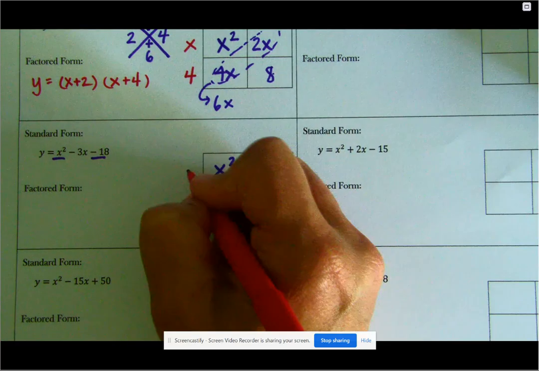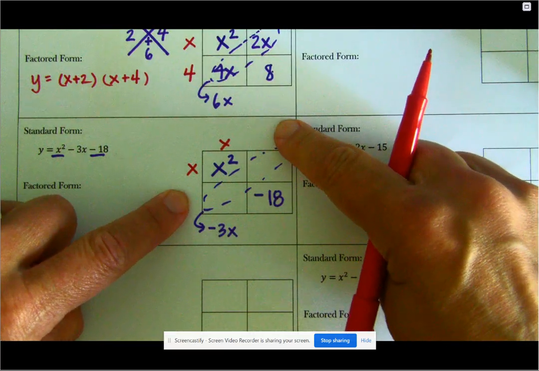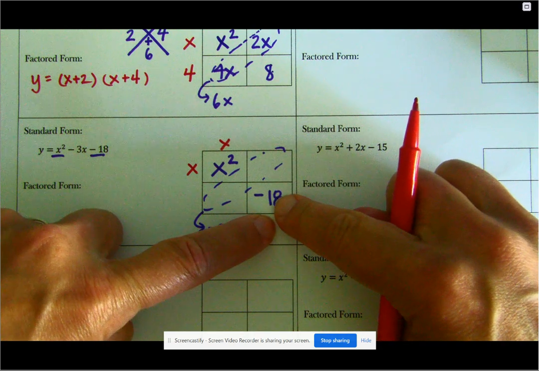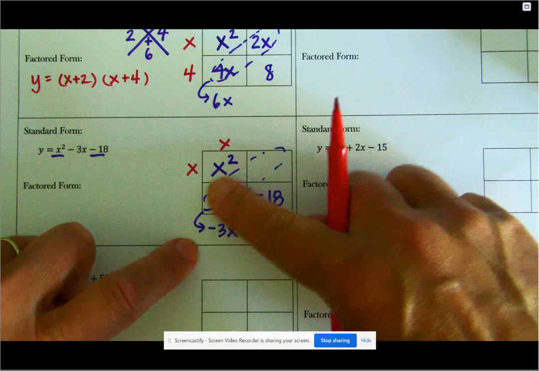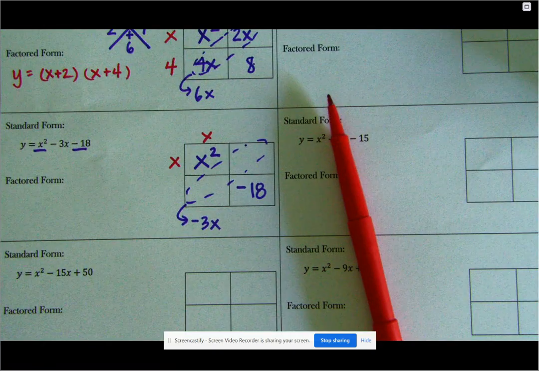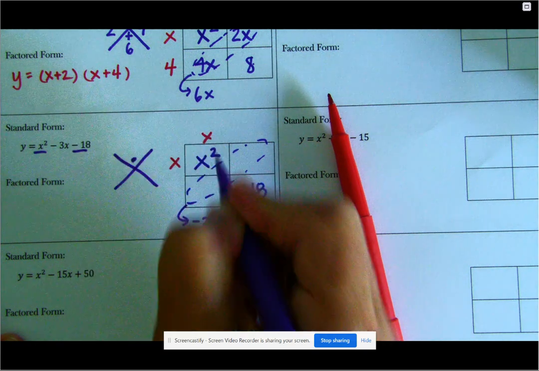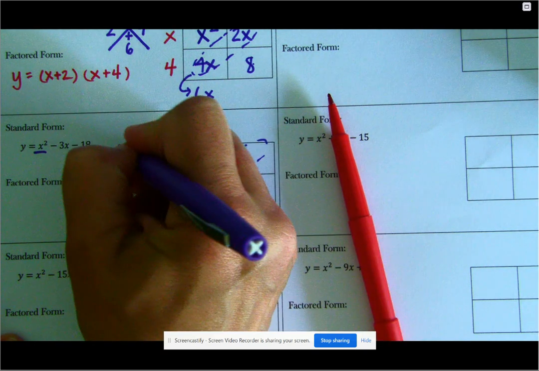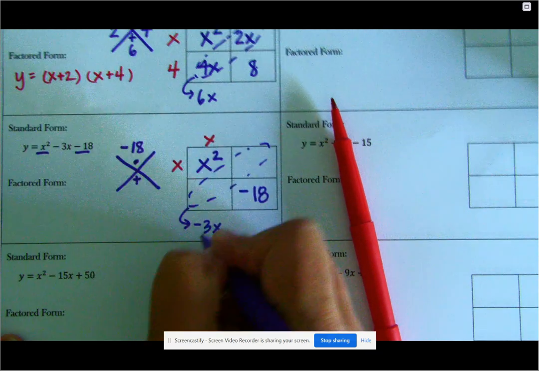So we are, in fact, trying to figure out what two numbers multiply to make negative 18, but then they're going to add up when they're with their x's to make negative 3x. So this is where I'm going to use the Timba puzzle. I need two numbers that multiply to make negative 18, but add up to make negative 3.